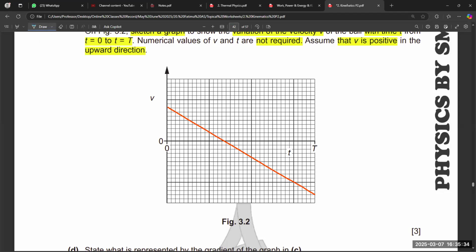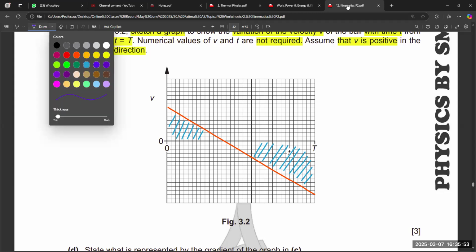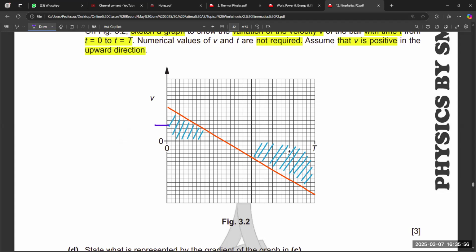Because in this graphical representation, the area under the curve in upward motion is less than the area covered by the graph in downward motion, which is greater. So this is downward motion. Area under the curve represents the distance, and this one represents upward.